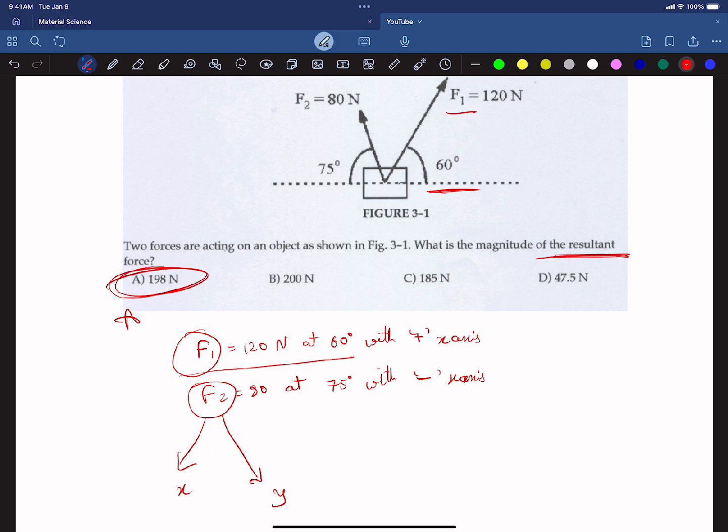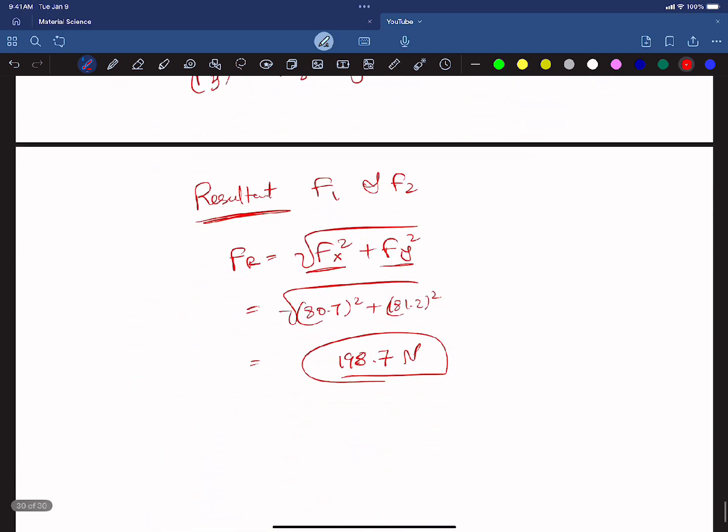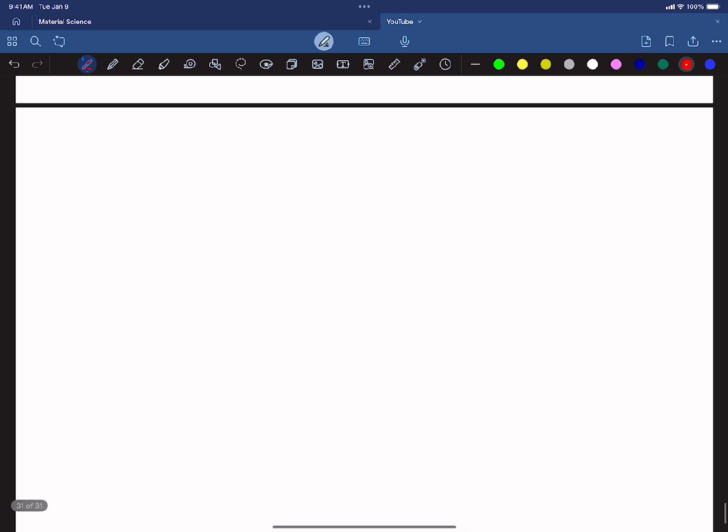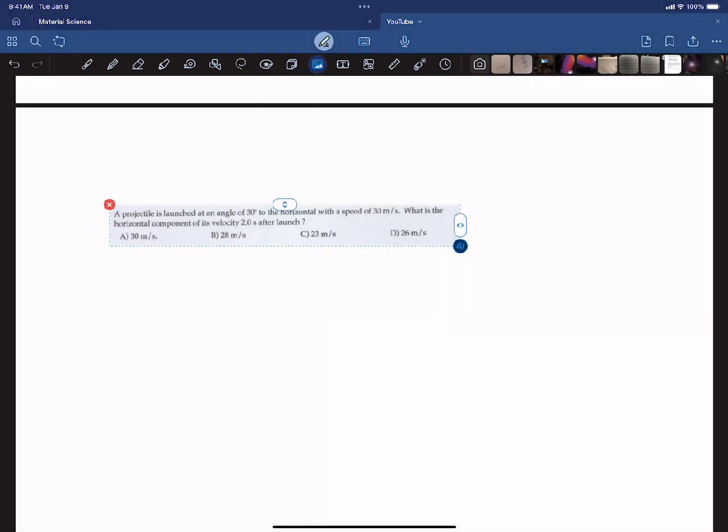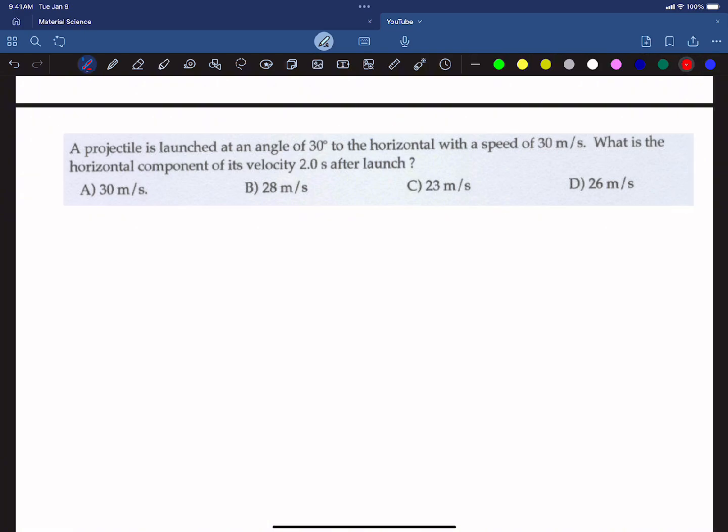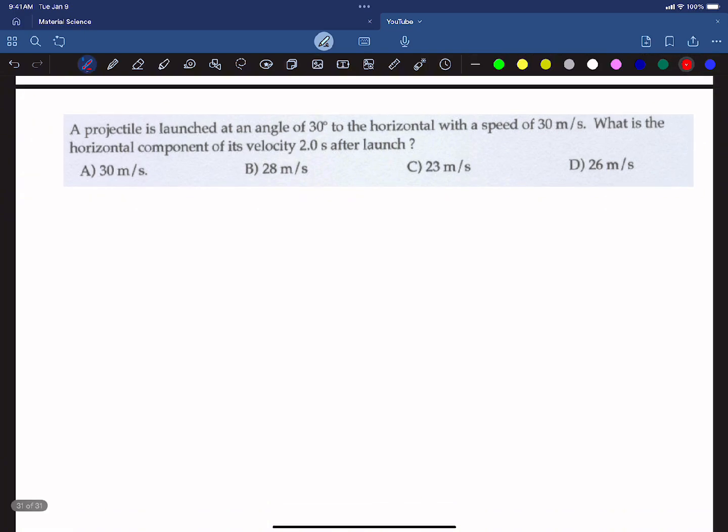Alright, next, move on to the second question. A projectile is launched at an angle of 30 degrees to the horizontal with a speed of 30 meters per second.